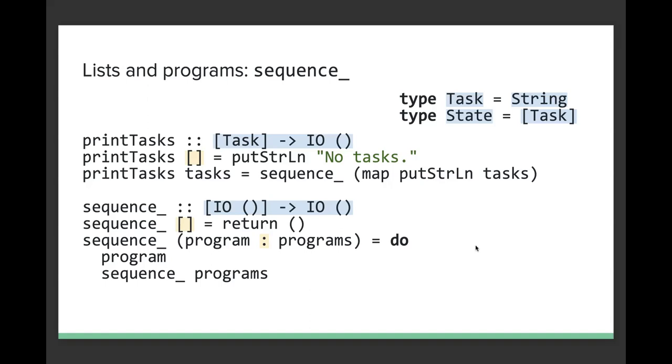Well, then if you run this function, it will run recursively. So the question is, if you do not write the first equation for sequence underscore for the empty list, then if you call it on any list, recursive calls will eventually get to the empty list at the end, right?